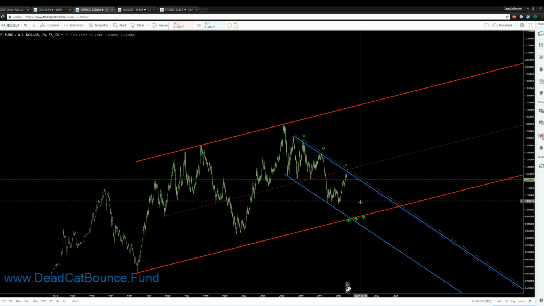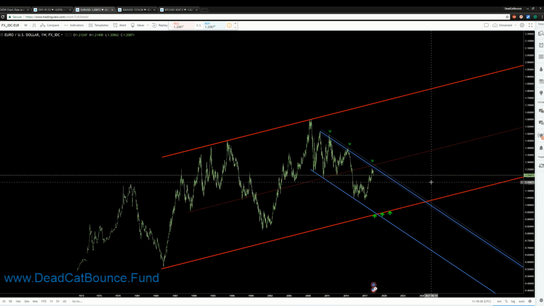But definitely the euro is going to move. This is a 25% move, 26%, and even more to the downside for the euro. So if you are a money manager, portfolio manager, it is a very good idea to cut off your losses on the euro now, if you can.